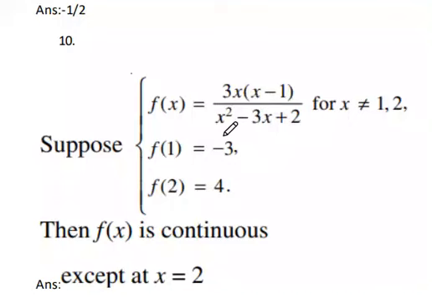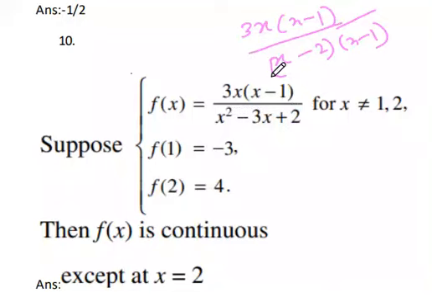You can express this as 2 factors. Let's do that. I factorize the denominator. So this is the factorization of the denominator, x squared minus 3x plus 2. Since x is not equal to 1, you can cross this off, and we know that x is not equal to 2. This rational function is defined.